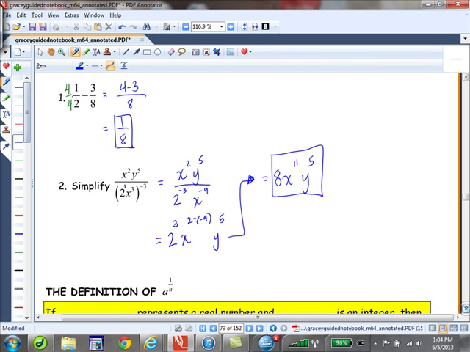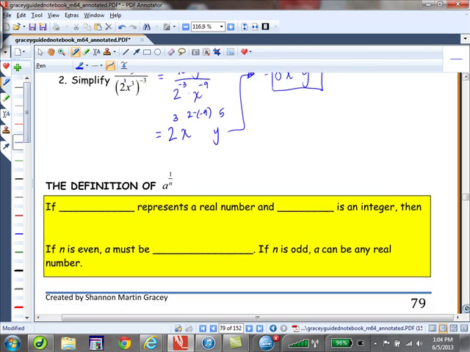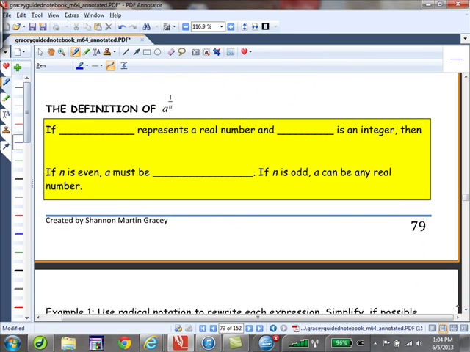So let's move right along to the definition of a raised to the 1 over n. If the nth root of a represents a real number and n is greater than or equal to 2 and is an integer, then a raised to the 1 over n is equal to the nth root of a.